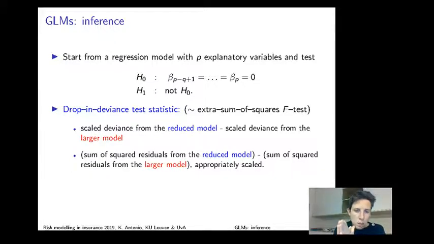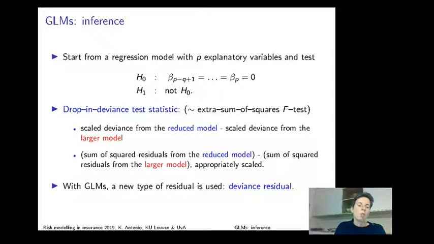You can also see this as the difference between the sum of squared residuals from the reduced model under the null and the sum of squared residuals from the bigger model under the alternative hypothesis, appropriately scaled. So the last bullet here reveals, in fact, an interesting similarity with the extra sum of squares F-test that we know from normal linear regression.